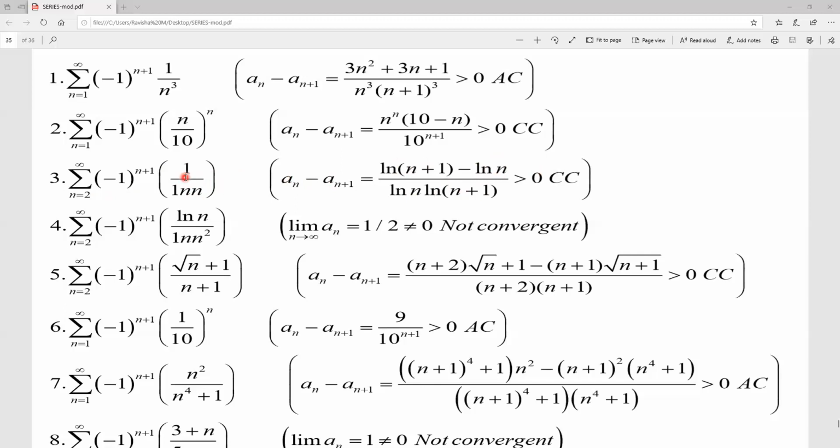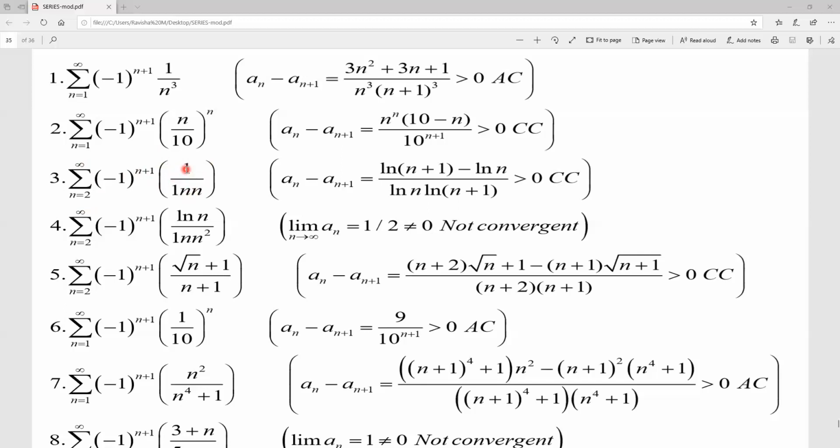Let us see whether the series is absolutely convergent or conditionally convergent. So let us define the absolute series. What is the absolute series? Sum of n equals 2 to infinity, which becomes positive 1 by log n.